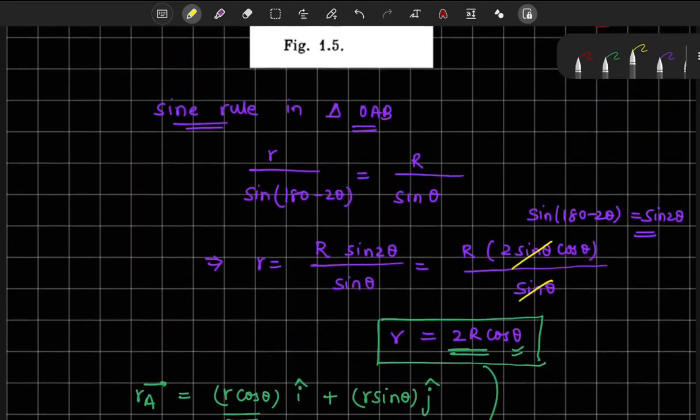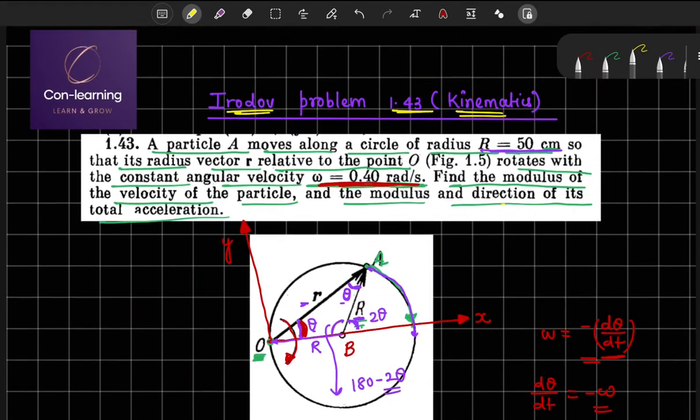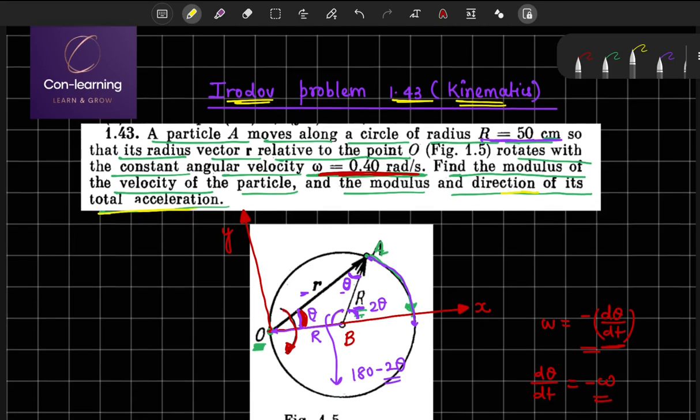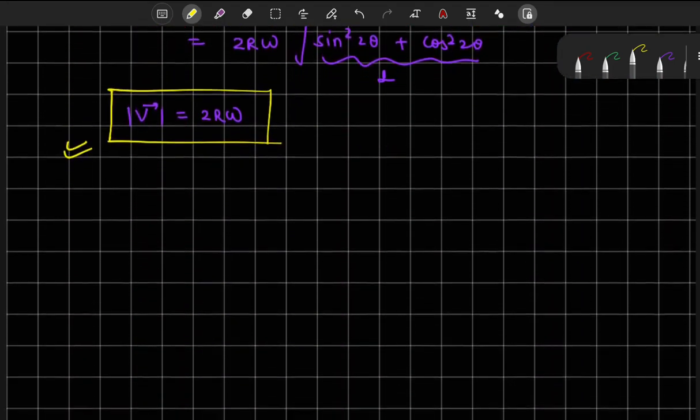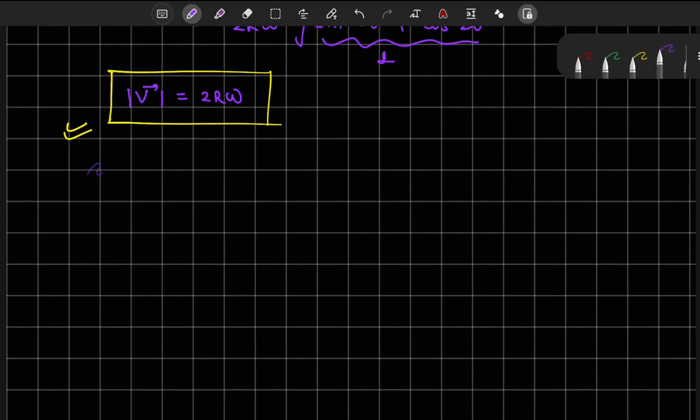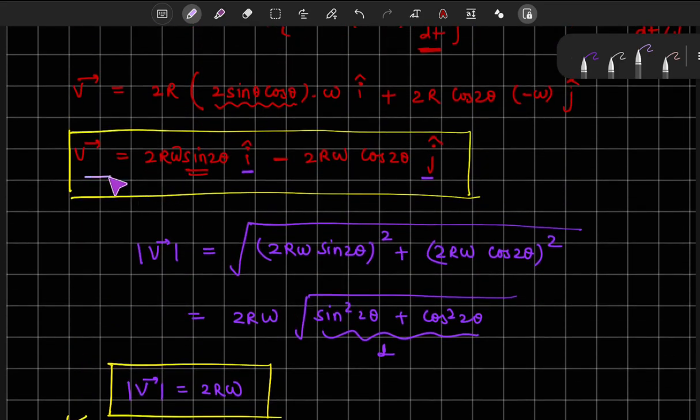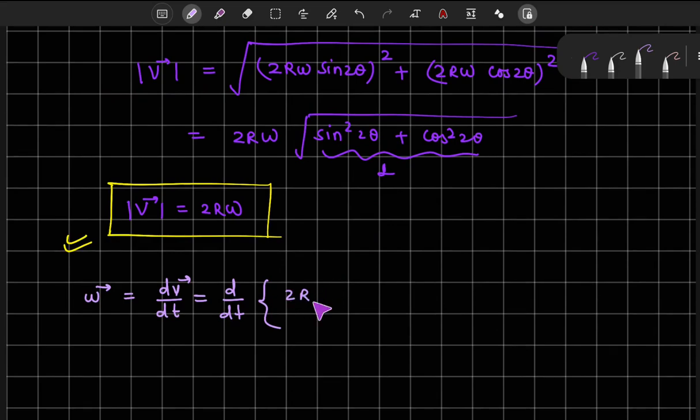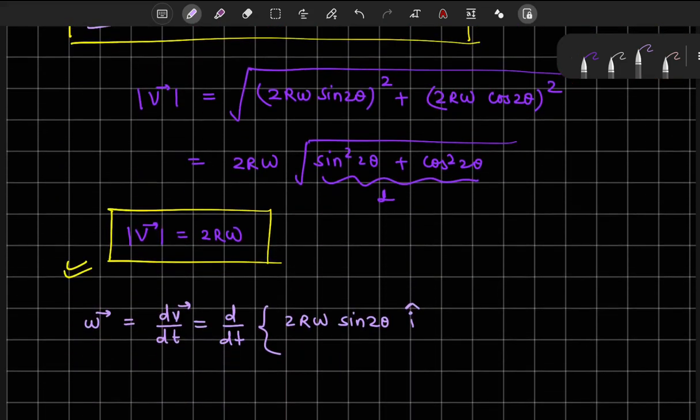Now in the second part, it is asking to find the direction and modulus of total acceleration. Okay, for that let us differentiate the velocity vector. We can write the acceleration vector is equal to derivative of velocity vector with respect to time, that is d by dt of, this is the velocity vector we got, 2r omega sin 2 theta i cap minus 2r omega cos 2 theta j cap.